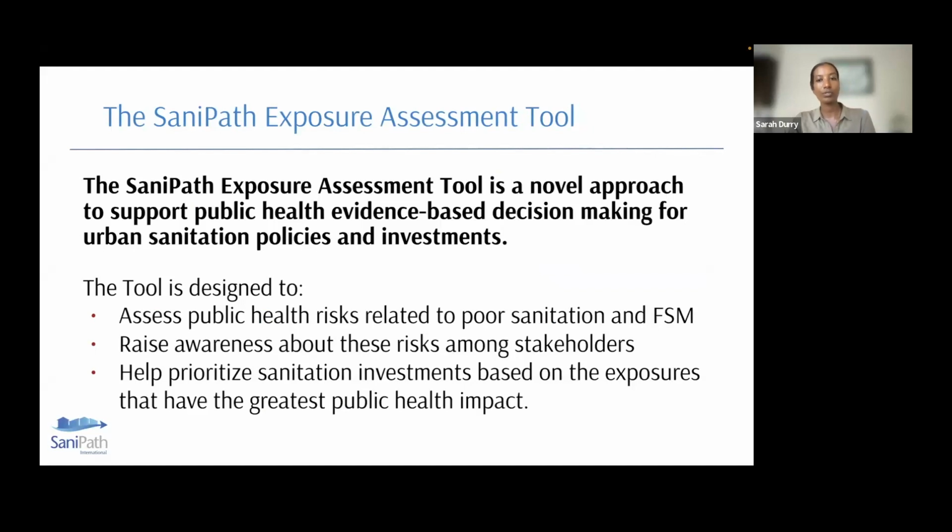The tool allows users to quantify human exposure to fecal contamination in low resource urban settings through a systematic yet customizable process. As I mentioned moments ago, this tool was developed by a team of public health experts and researchers at Emory.